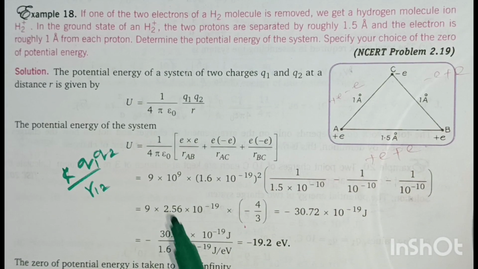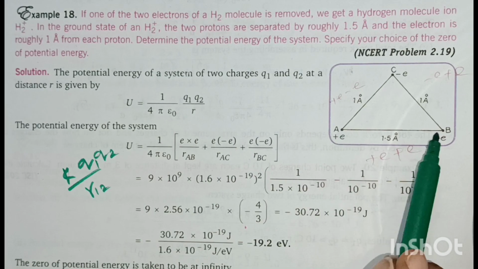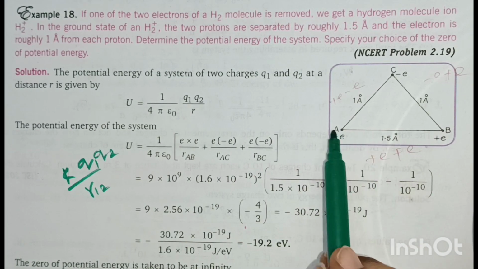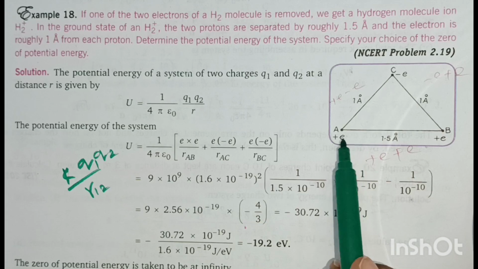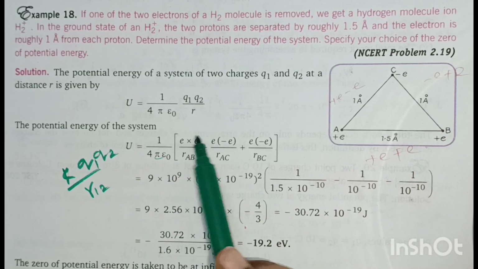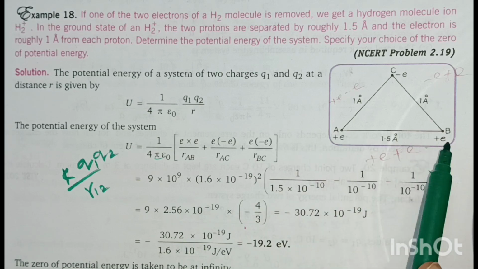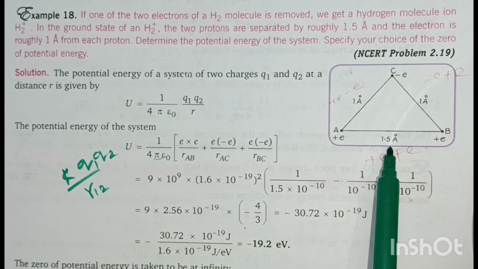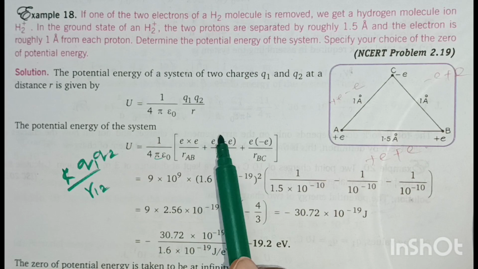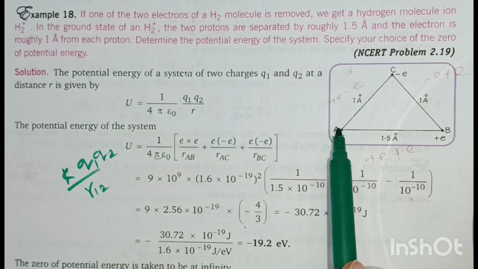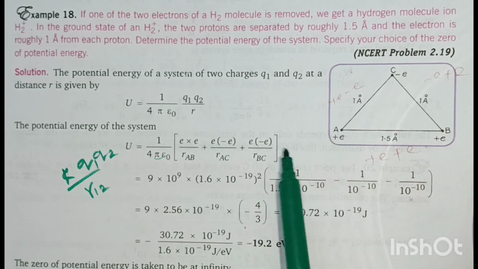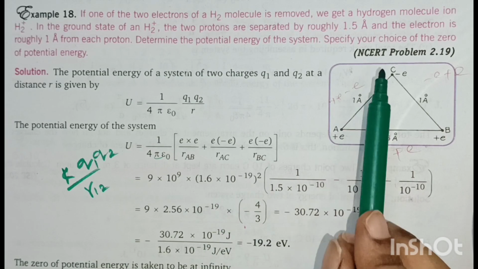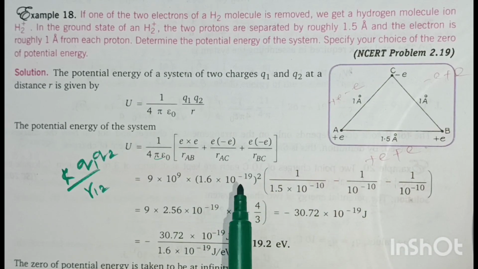First let us take the pair of two protons. It is K, and Q1 and Q2 are the same, e into e, by R. What is the distance between those two protons? 1.5 angstrom. Next we take plus e and minus e, and the distance between them is 1 angstrom. Similarly the next one is also taken.